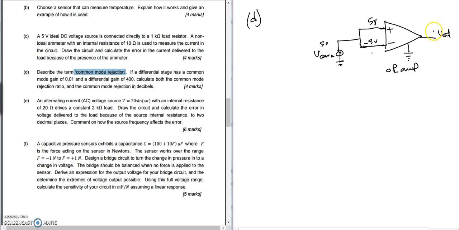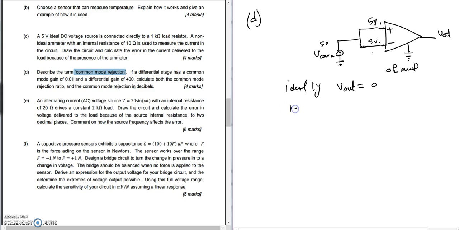Therefore, V out should be the difference between both of them multiplied by a factor. But the difference between both of them should be 0. 5 minus 5 is 0. So ideally, V out should be 0.